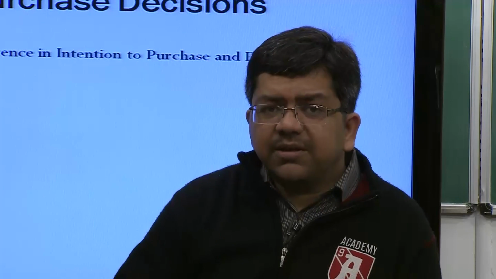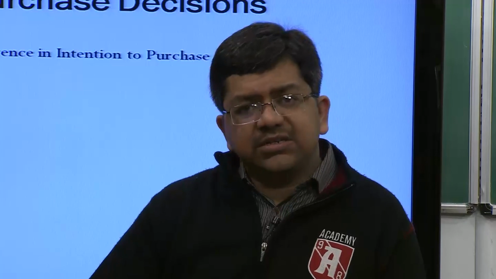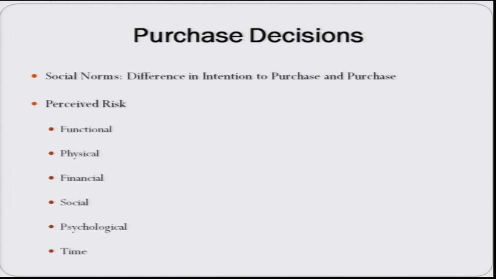Then also, with the purchase decision, an important variable that comes into the picture is the perceived risk. It is about the uncertainty attached with the product that is perceived as a risk, and there could be different types of risk attached with any purchase.